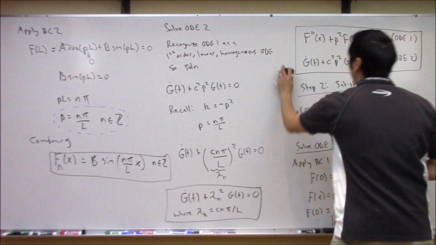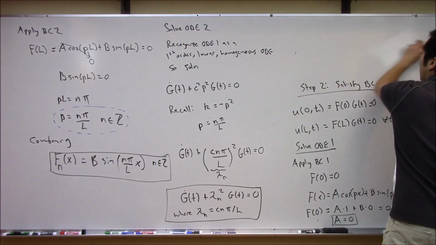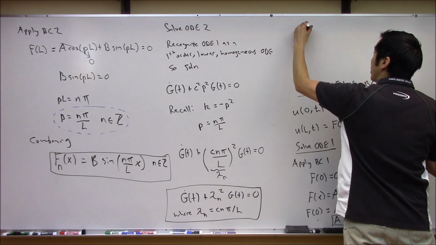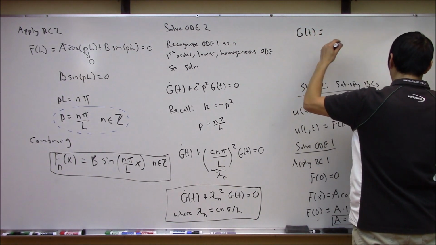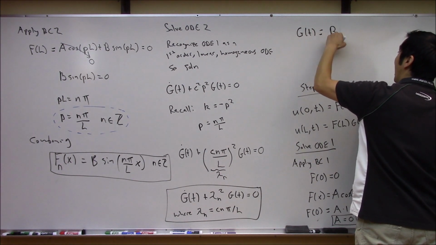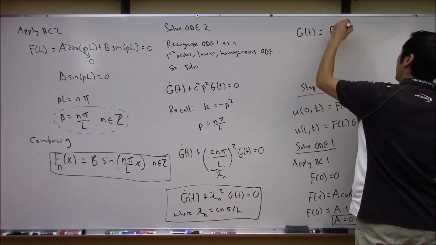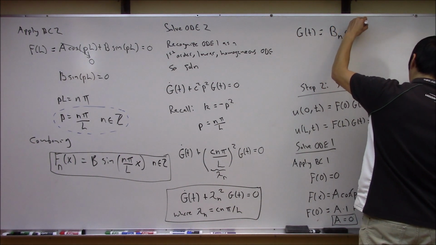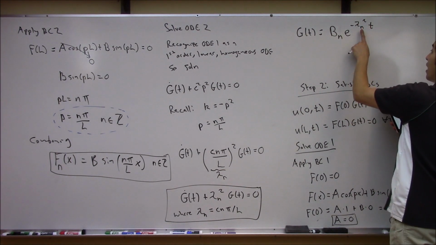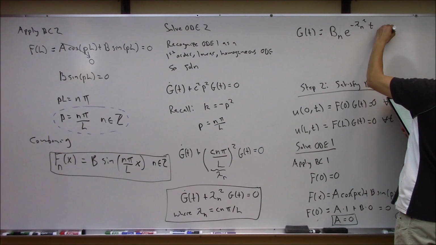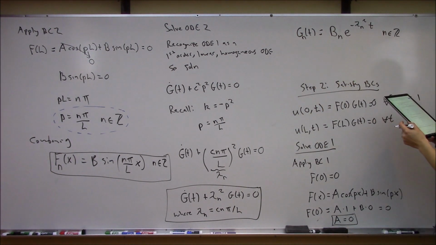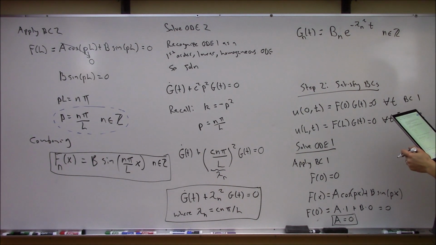So its solution is readily seen to be g of t equal to some constant, let's call it bn, times e to the minus lambda n squared t. Since the solution is good for integer values of n, let's adopt the notation gn. Each one of these admits a family of solutions.